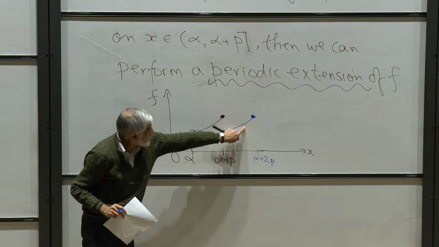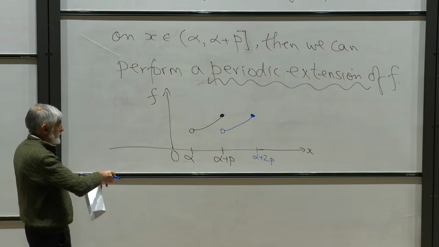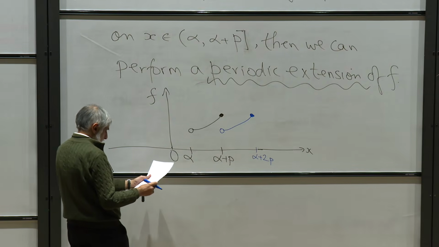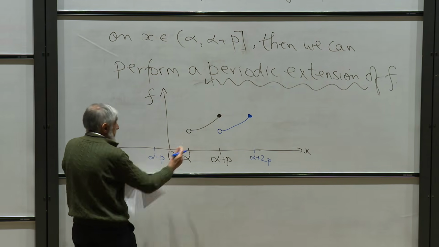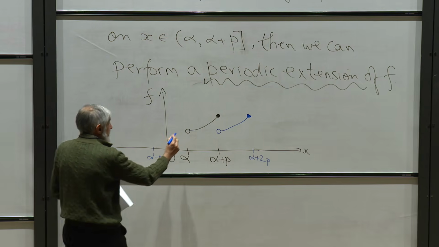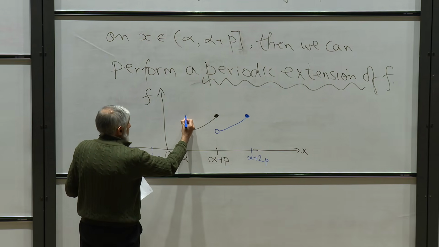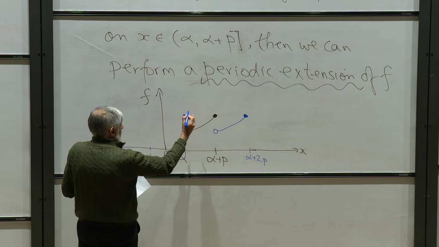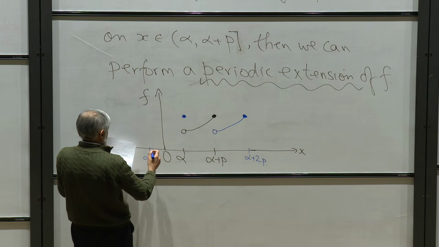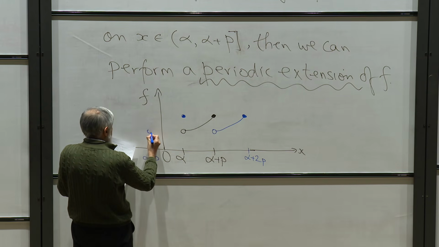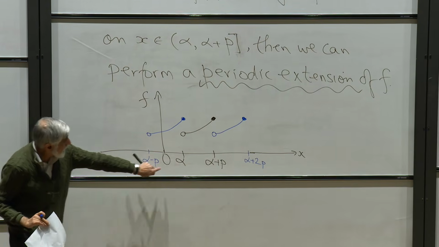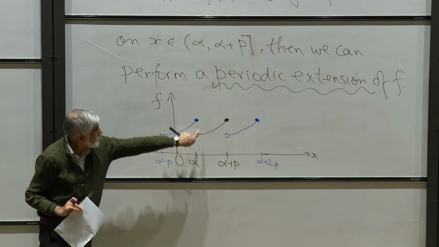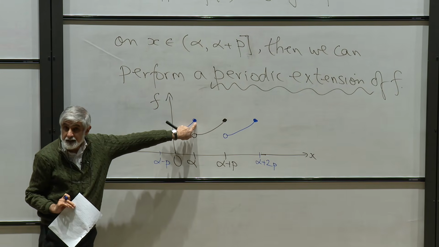Then the next one will be here, and go on like that to there. And then going down here, alpha minus p, we just shift it over to there. So that one will be here, and that one will be here. And then we'll have it like this. And so now we actually define f at alpha to be this. Okay?